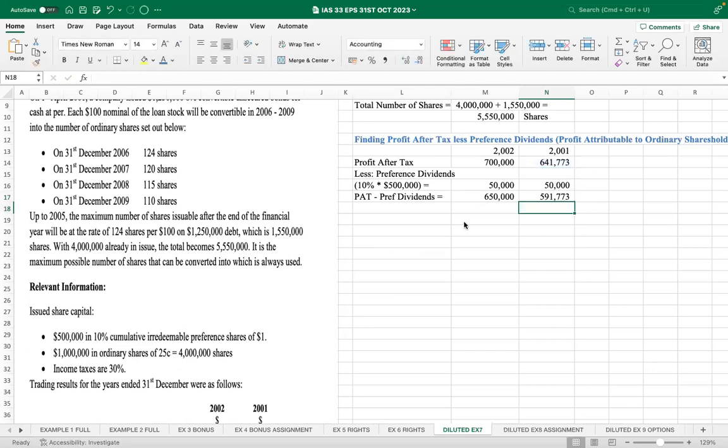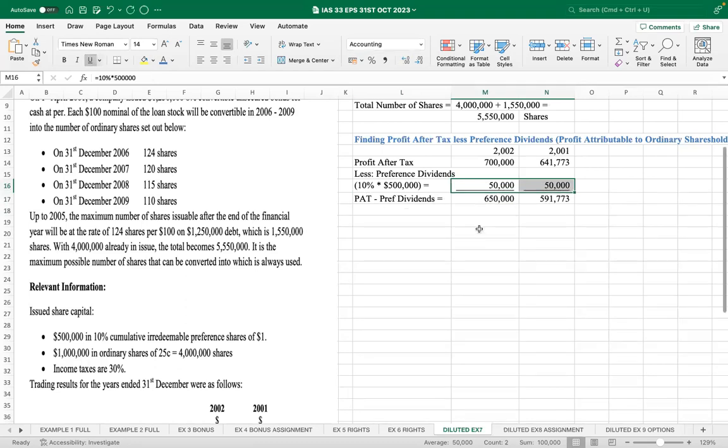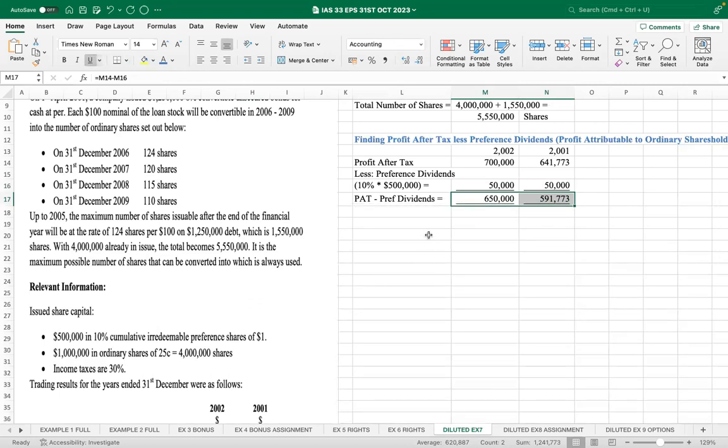So that is the earnings. This is now the equivalent of earnings, 650 and 591. So we have found the profit after tax less preference dividends, which is also known as profit attributable to ordinary shares, which is also our earnings.